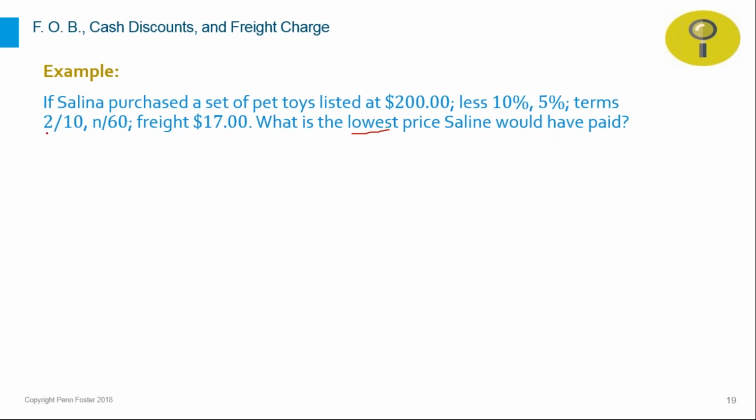That would give us the lowest price. Okay, so the steps are the same. Find the price after the 10 and the 5%. Find the complements, 0.9, multiply that times the complement of the other, 0.95, and that will give you 0.86.